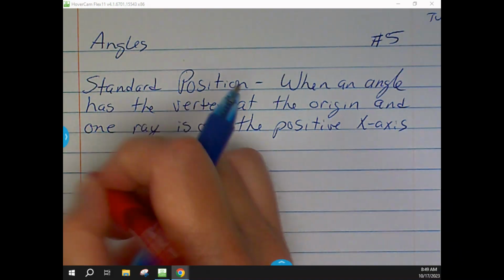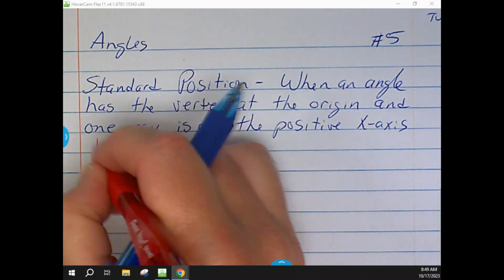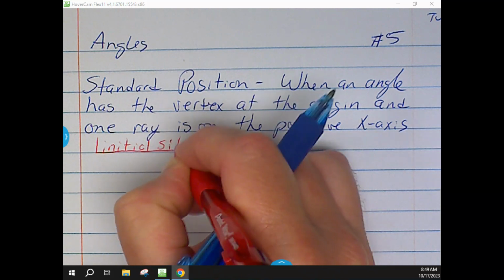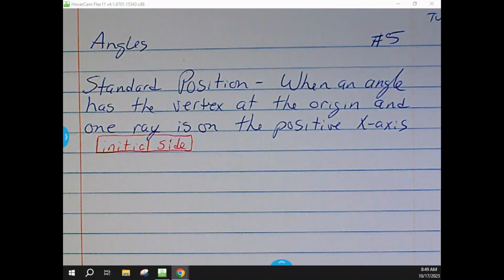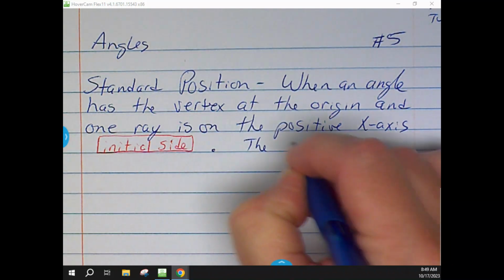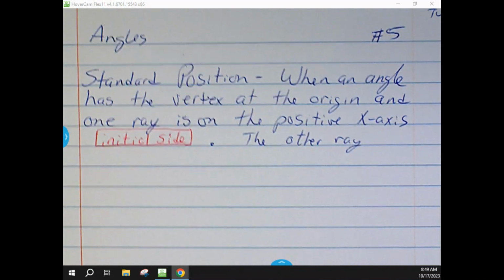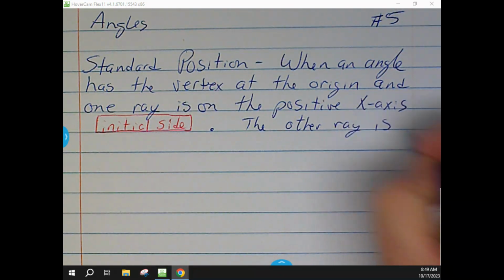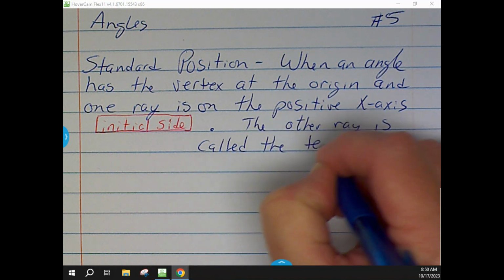And when they're talking about that particular ray that's here, they're going to call that ray the initial side. Okay, the other ray can end wherever it wants to end. So the other ray is called the terminal side.